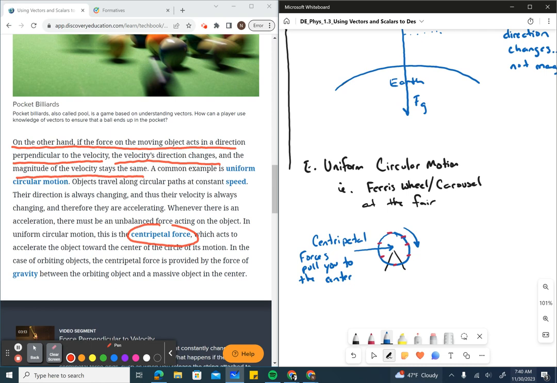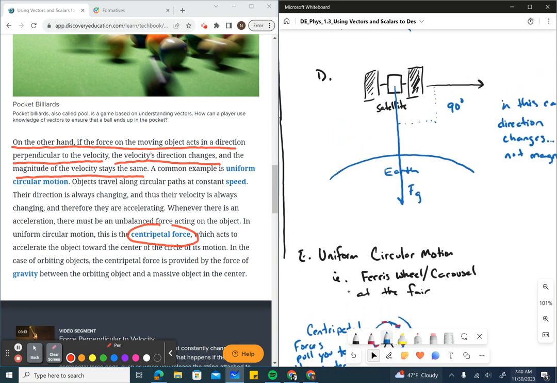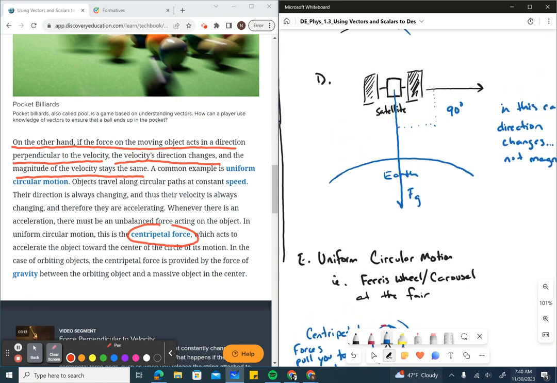And so when you take a look at our picture up here of the satellite, you could even say that the force of gravity would be a centripetal force.